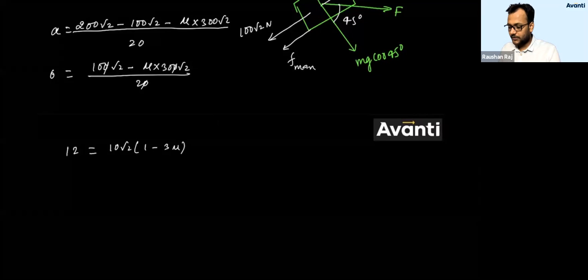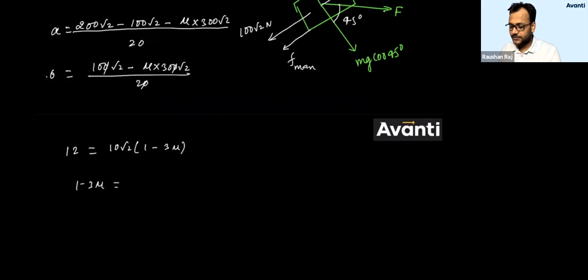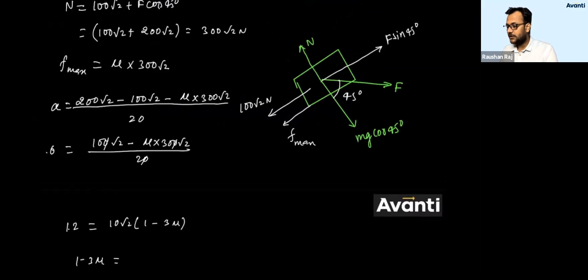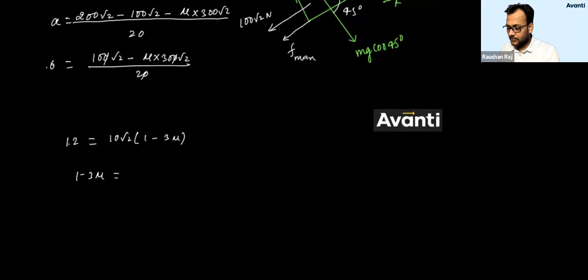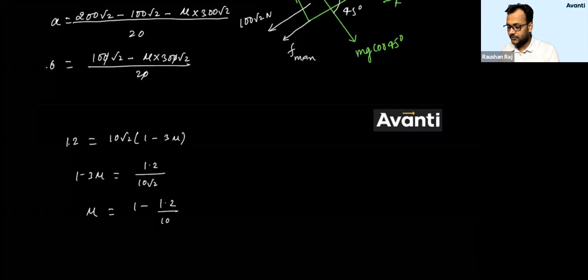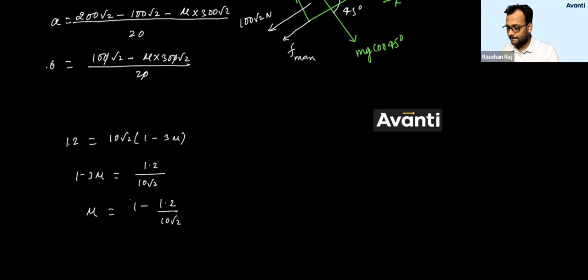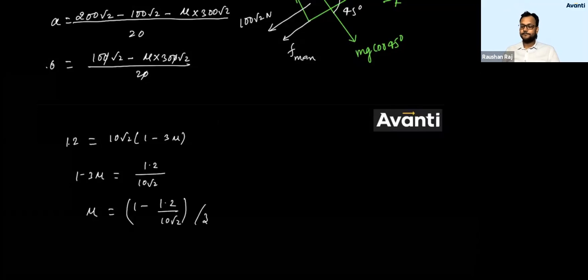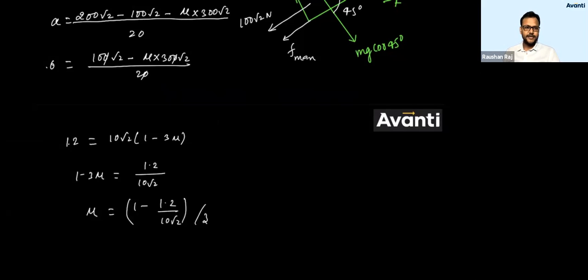So 1 minus 3 mu will be equal to 1.2 divided by 10 root 2. So mu will be equal to 1 minus 1.2 divided by 10 root 2, divided by 3. It is a little lengthy, but this is the approach.